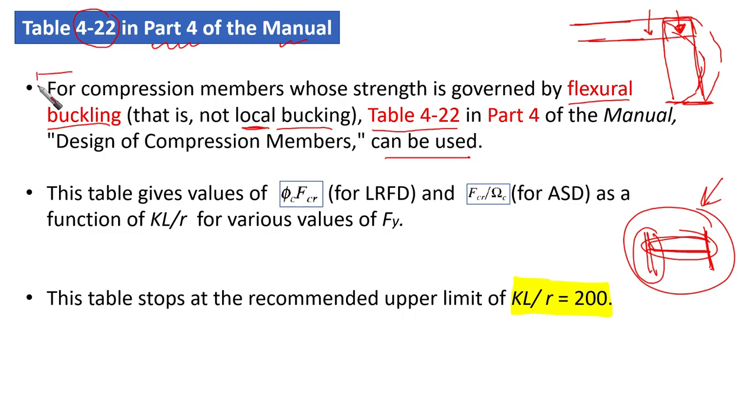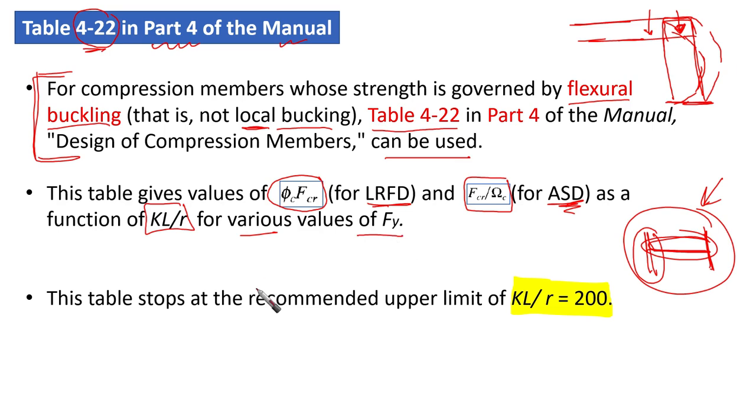Okay, this is only one note regarding this table that we are going to look at in a while. This table gives values of phi c F_cr for load and resistance factor design, and F_cr over omega c for allowable stress design, as a function of KL/r for various values of F_y.